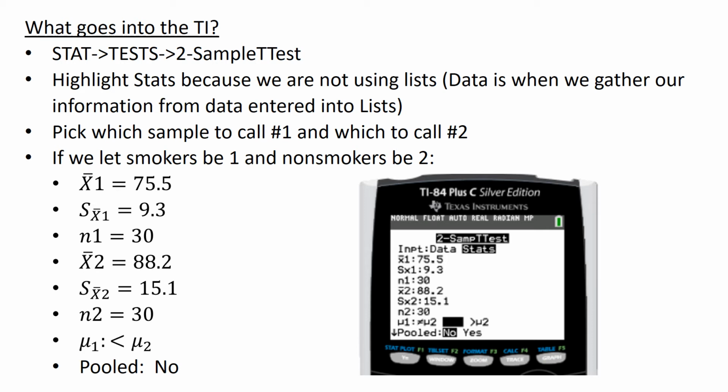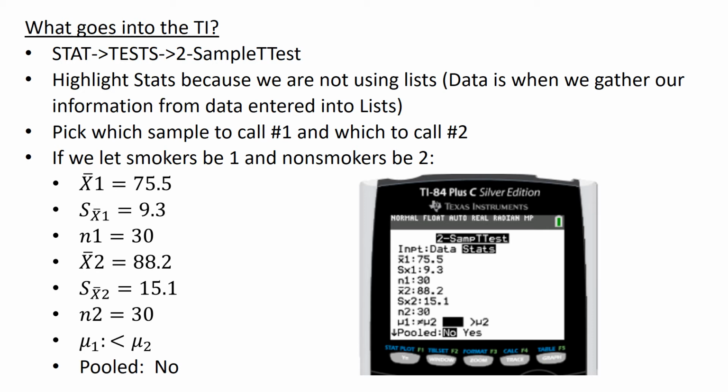Now you'll see input: data or stats. We highlight stats because our data is not being input through our lists. We are not going into stat, edit, L1, L2, L3, and entering data. We have been given summary statistics, so we highlight stats.